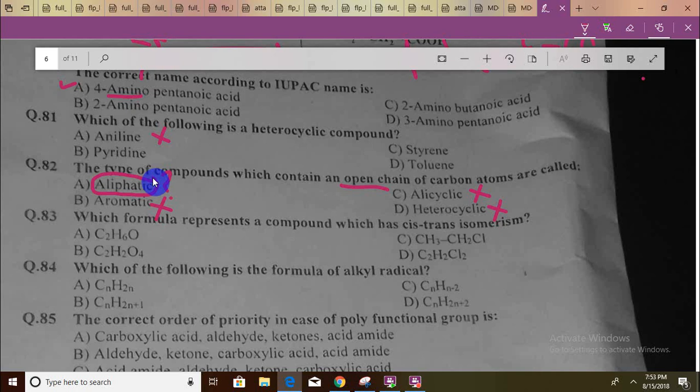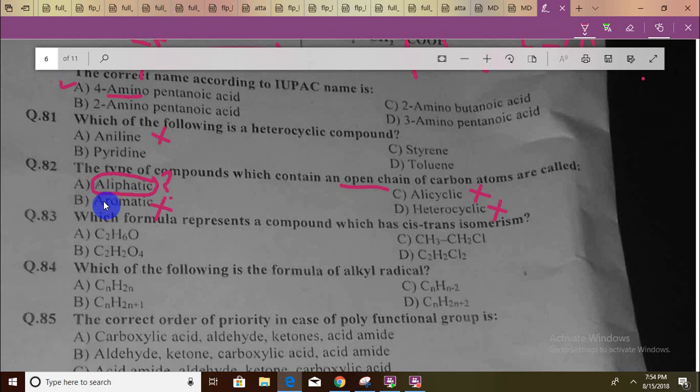It starts from page number 123, and if you read over this carefully, it's written: there are millions of organic compounds, practically impossible to study each individually, so we classify them into various groups and subgroups. We have a basic broad classification: open chain or acyclic, closed chain or cyclic.